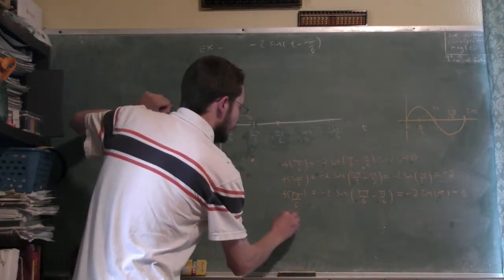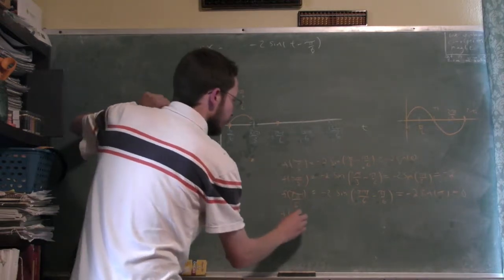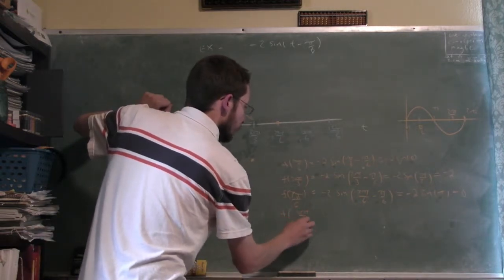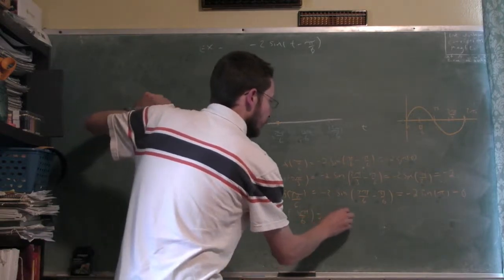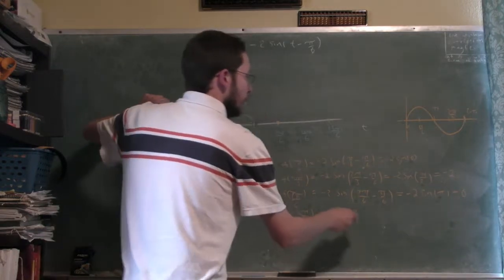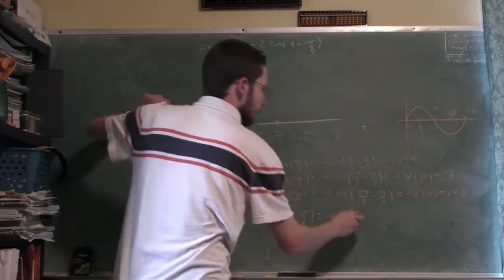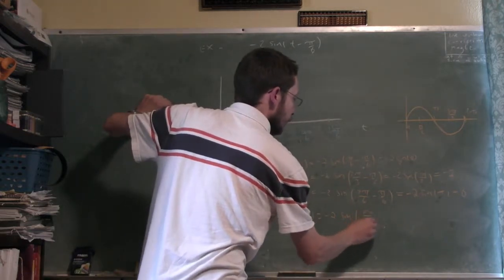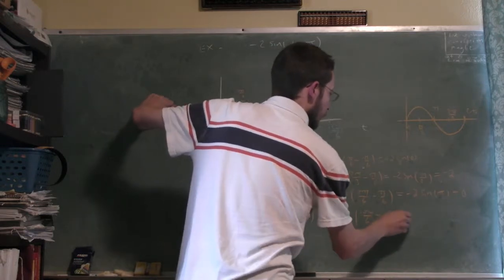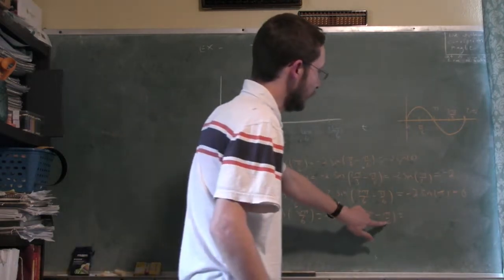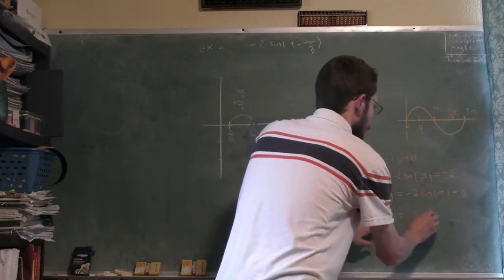So f of the next key value, 10 pi over 6. We get negative 2 sine of 10 pi over 6 minus pi over 6. What does that give us? 9 pi over 6. And what is 9 pi over 6?